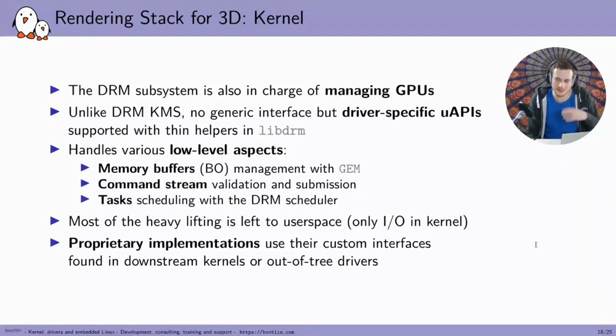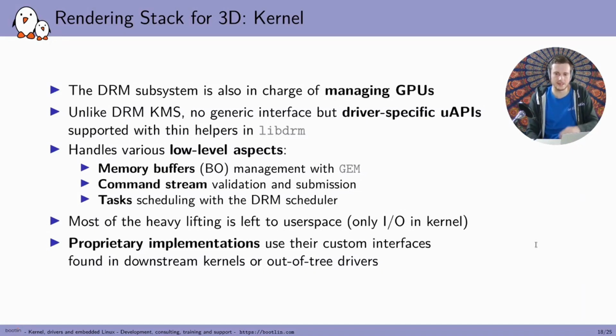It means that each render driver in DRM has its own API that is specific to that driver. This is because the GPUs are highly specific, and it's nearly impossible to create a generic interface between the kernel and Userspace for that.